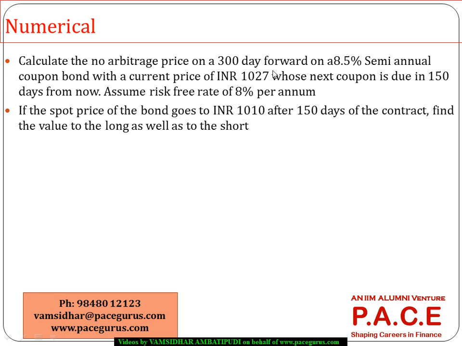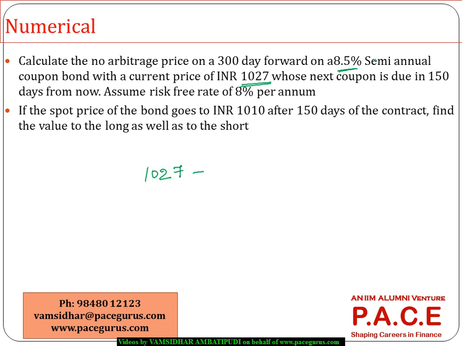So if I just quickly look at the numerical, calculate the no arbitrage price on a 300-day forward on a 8.5% semi-annual coupon bond with a current price of 1027, whose next coupon is due in 150 days from now.